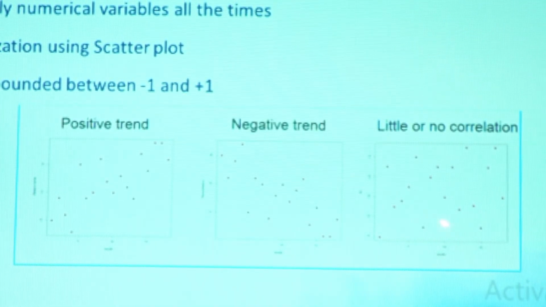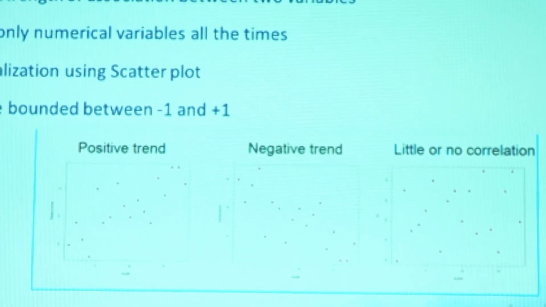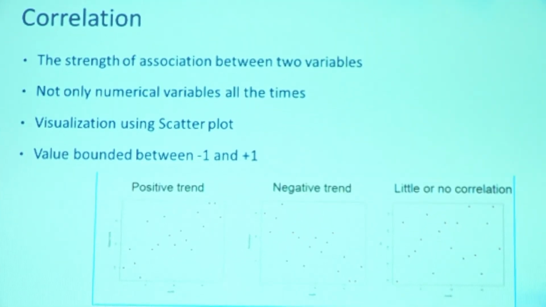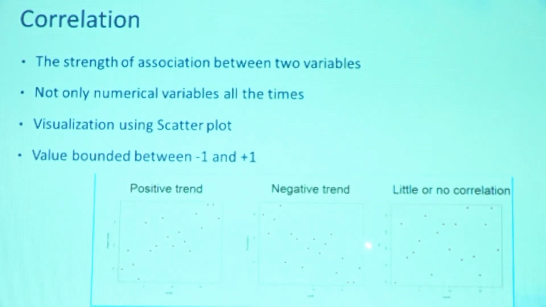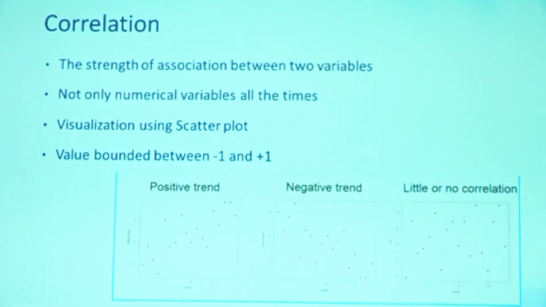Now what about this? The third case over here on your screen. Hardly can I find any trend. So there is utter confusion there. There is little or no correlation. Here you can find out if it is a positive correlation or a negative correlation, but here it is a bit difficult. The value of your correlation is always between -1 and +1. That is how positively they are correlated and how negatively they are correlated.